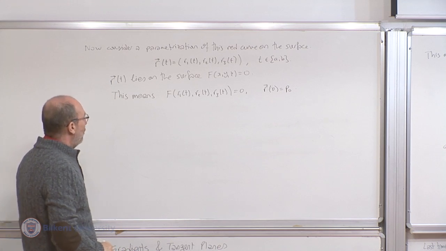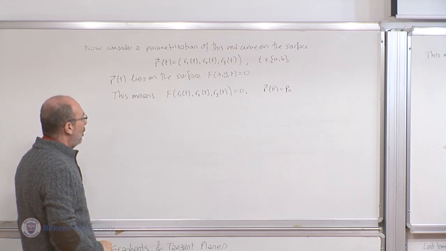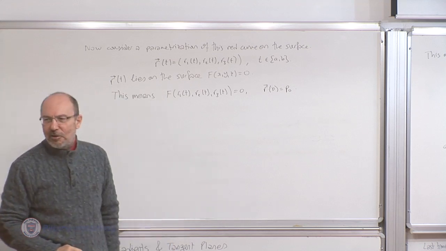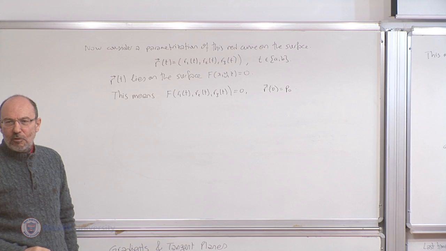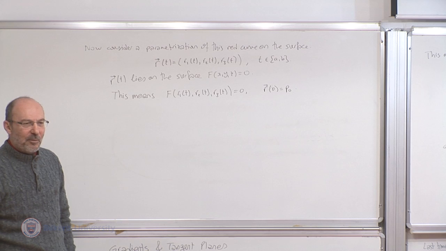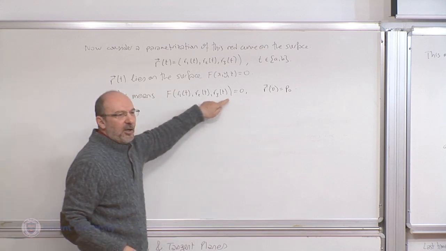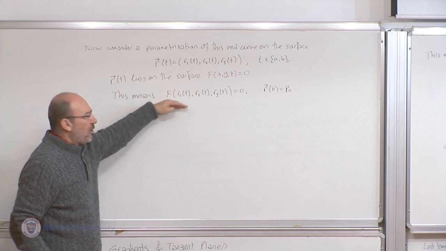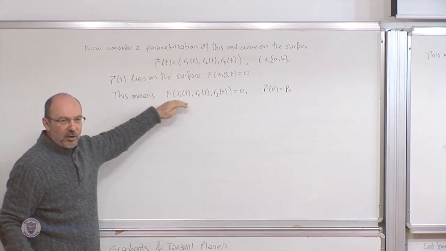Now we are at one of those points in calculus when we run out of ideas. When you run out of ideas in calculus, you take the derivative of both sides. That should suggest something. So let's take the derivative of both sides and see what happens. This is a composite function, so the chain rule is required.